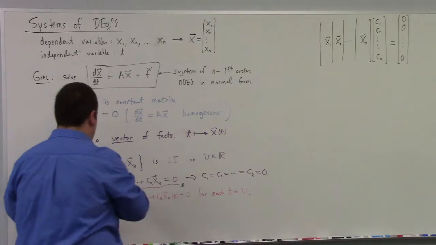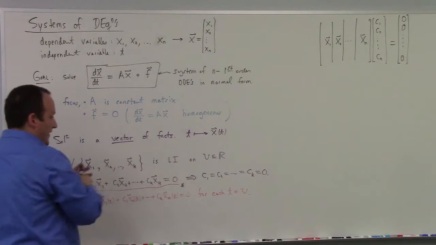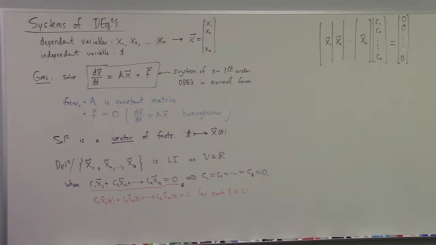So this is a sum of column vectors with weights C1 through Cn.